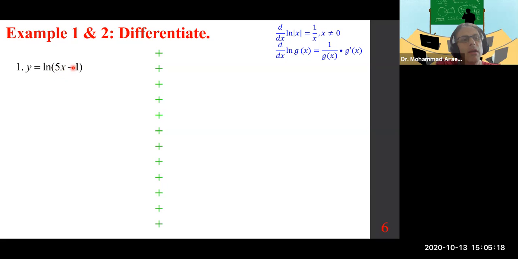That means 1 over 5x minus 1. Just flip it over. The chain rule says times its derivative, g prime of x. What is the derivative of 5x minus 1? 5. And you just rewrite it. Simplify whatever your algebraic technique tells you.